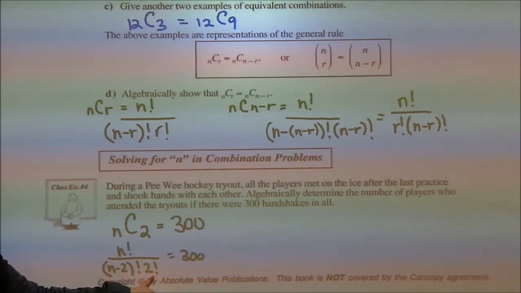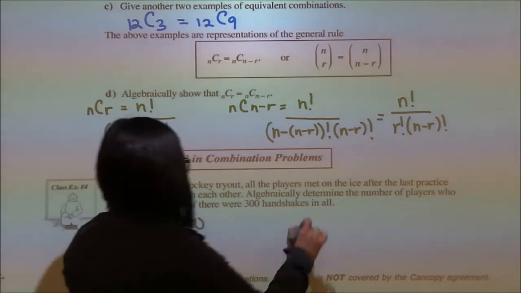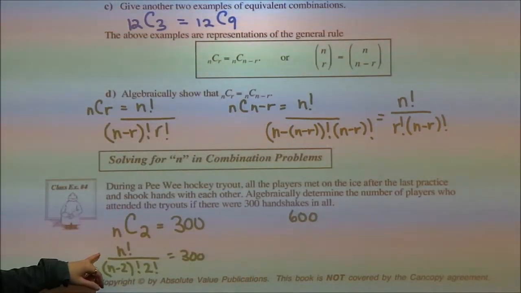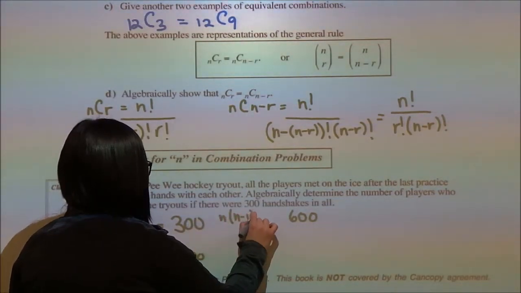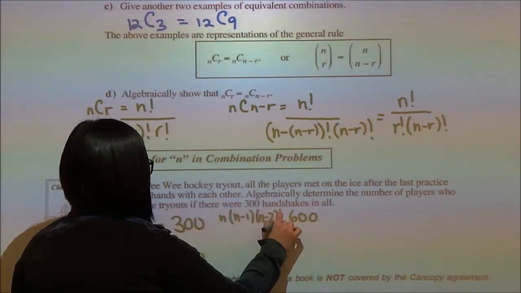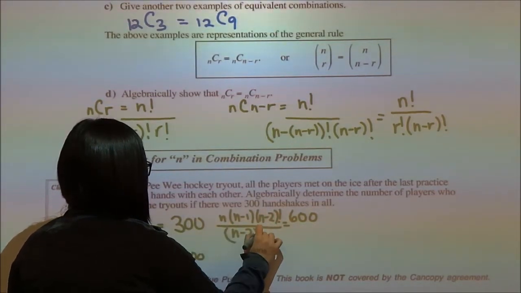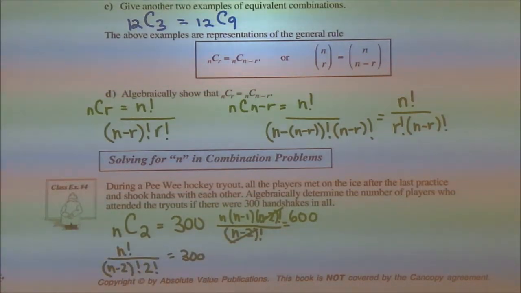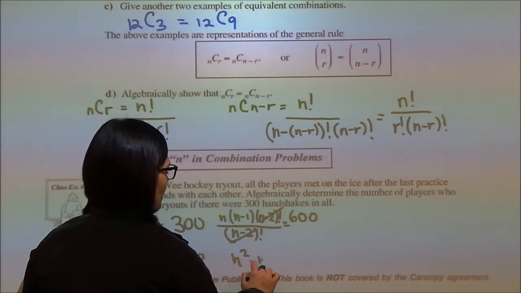So to get rid of the dividing by 2, I'm going to multiply by 2, so my 300 will become 600. And then my n factorial, I can expand it to be n times n minus 1 times n minus 2 factorial, so it cancels out with the n minus 2 factorial on the bottom. Then I remove those brackets: n squared minus n.